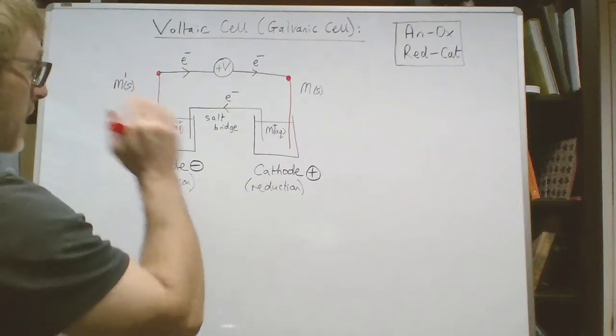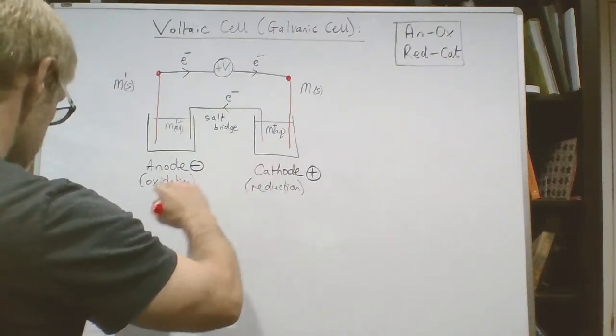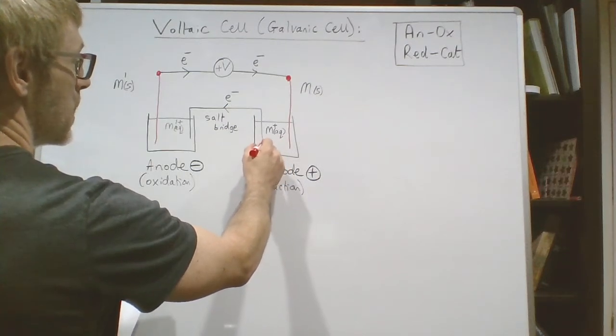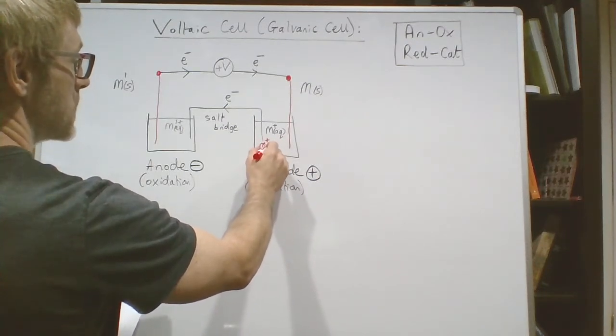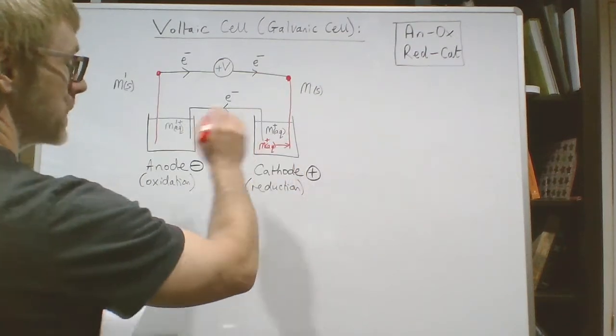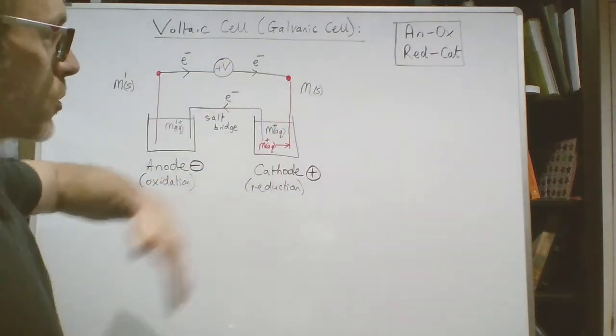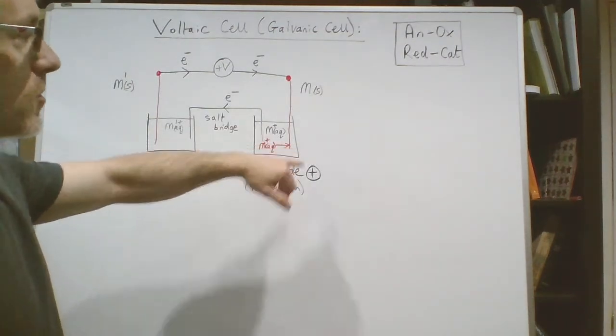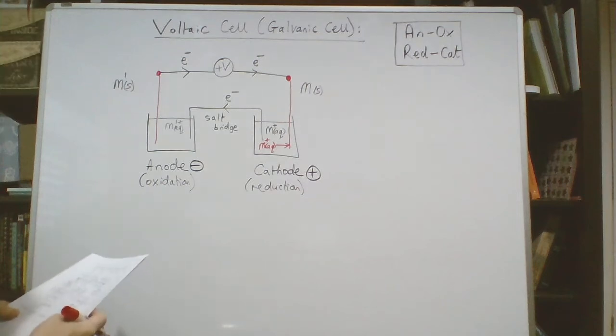So at the cathode, there's going to be the transition of metal cations towards the plate or the electrode. So these cations are going to be attracted to the cathode.